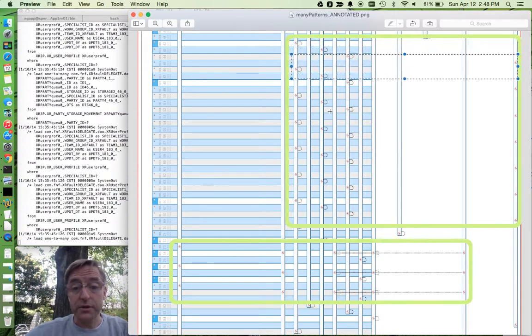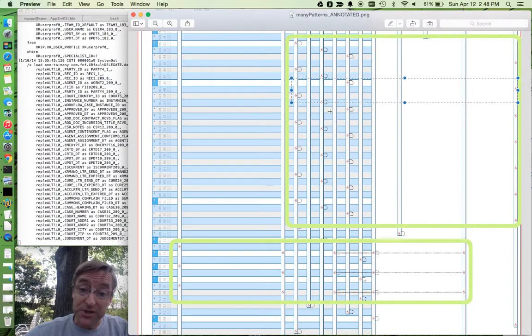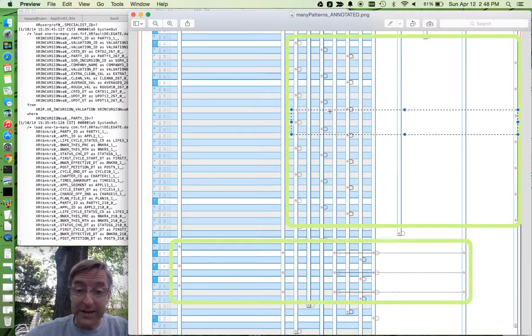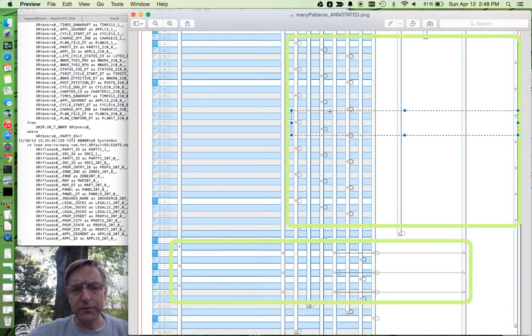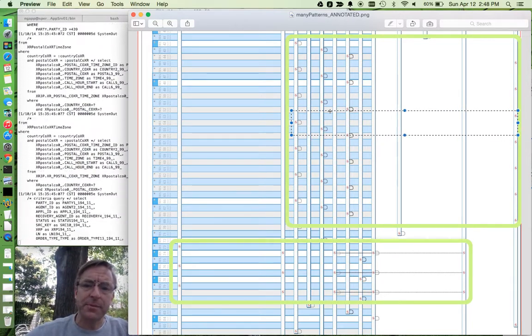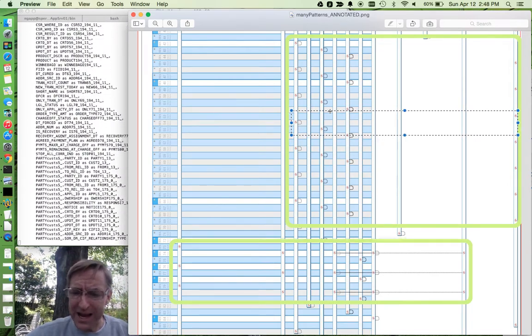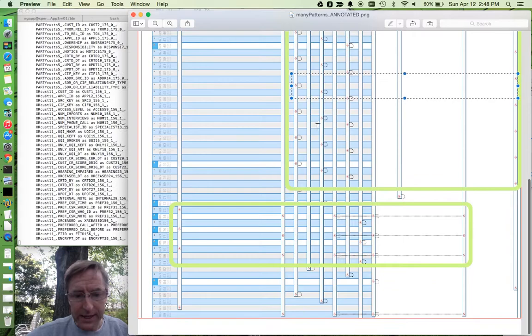So 7 repetitions here, 4 queries per group, that's 28. We had 15 queries in the first example, 7 in the second. Here's 28 queries that we can move down to a single query.